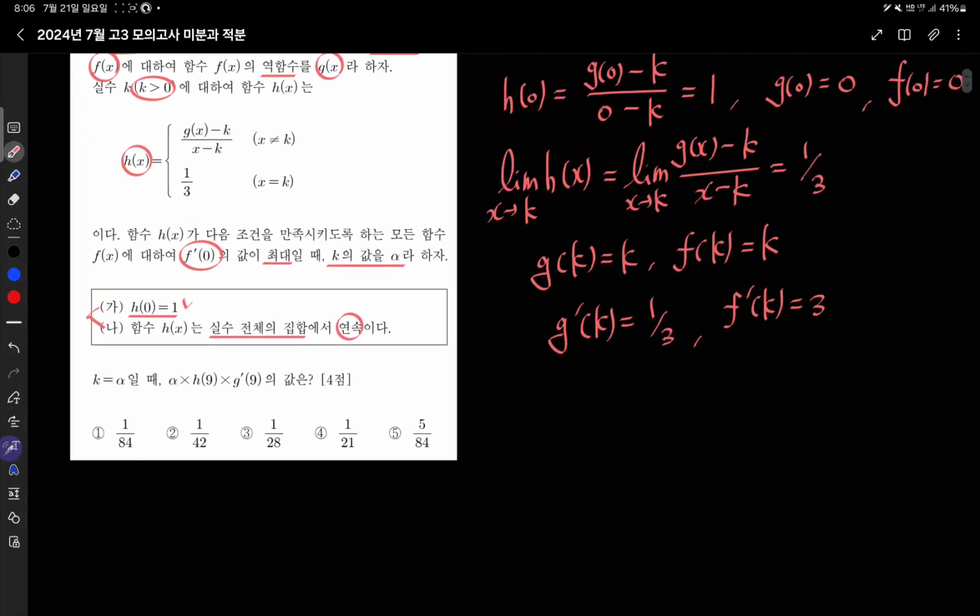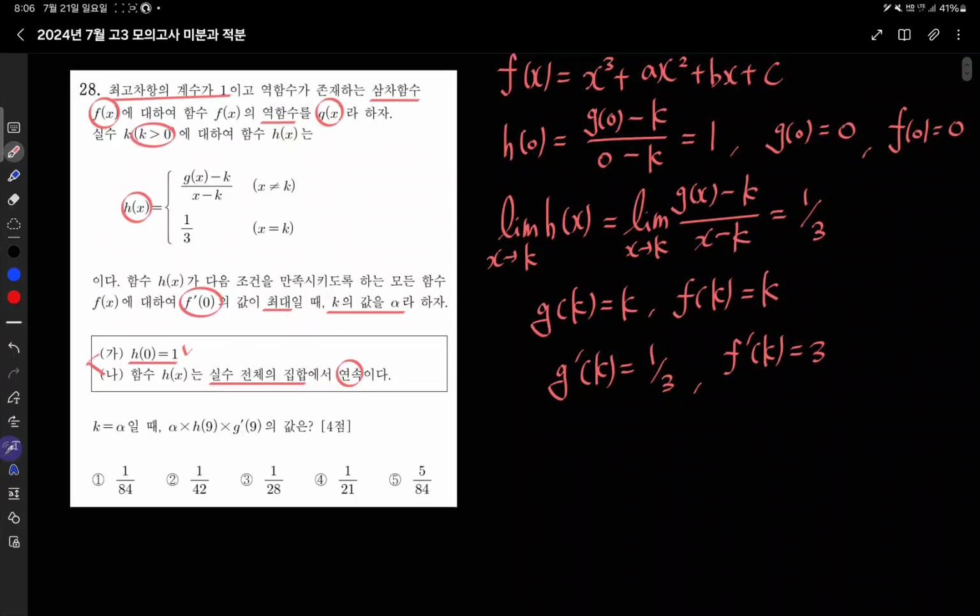So let's use these conditions to find f of x. At first, because f of 0 is 0, c is 0. So f of x is x cubed plus ax squared plus bx.